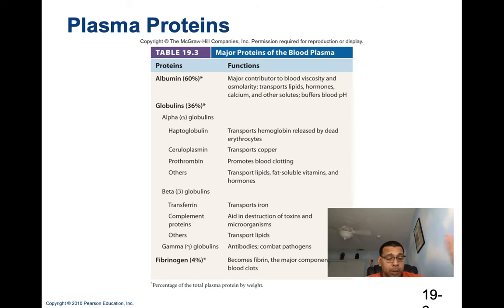We saw the most abundant component is water, so they're the second most abundant component, you can say, right? Because water is the main component. So when we talk proteins, they're going to account for about 8% of your plasma. So you can see about 98%, bam, taken care of right there.